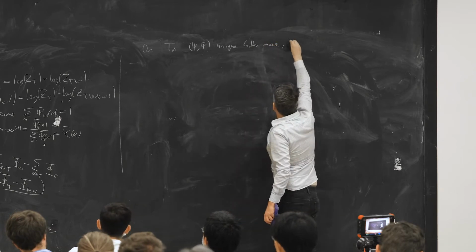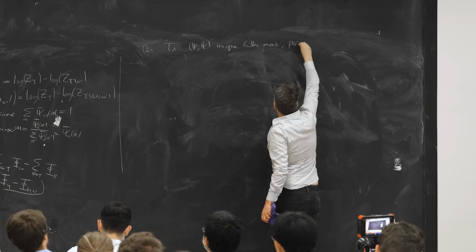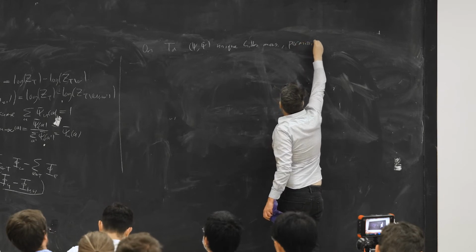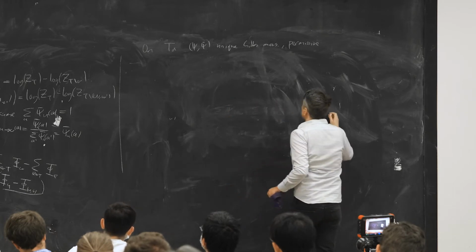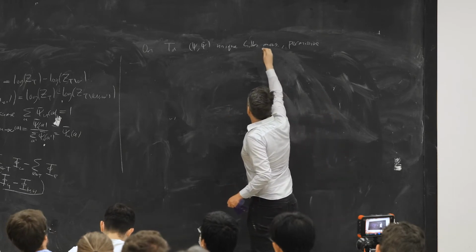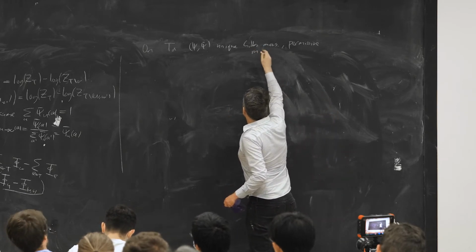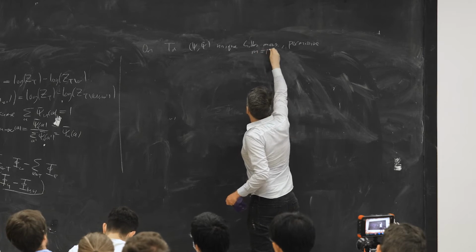Just to make my life easier, let's also assume that it's permissive. And so the unique Gibbs measure will come with some BP fixed point M.